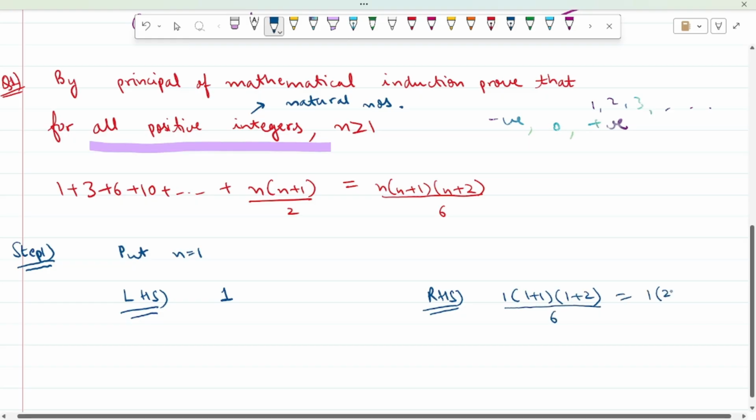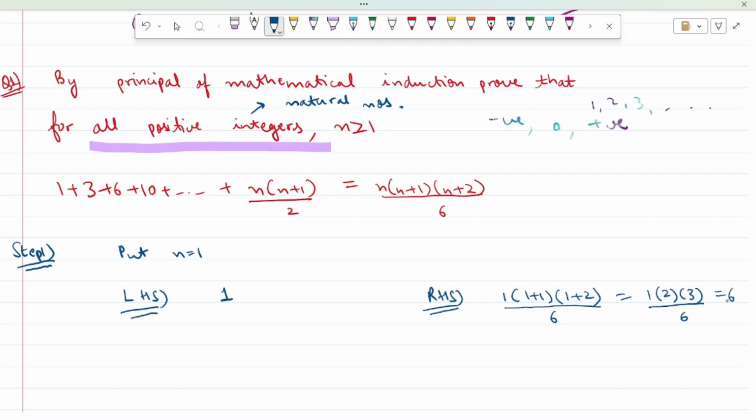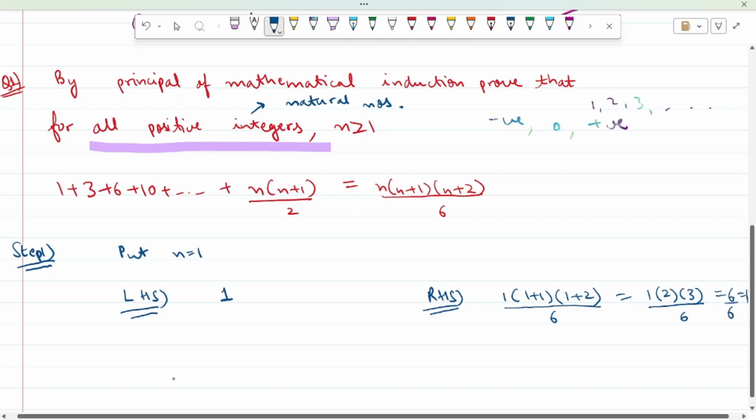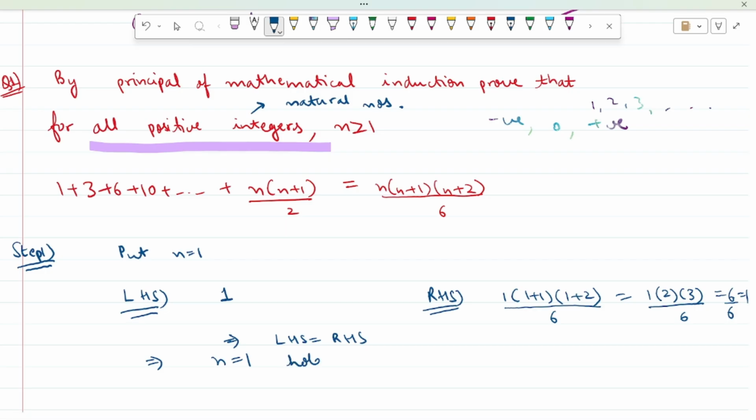That's basically 1 times 2 times 3 over 6, and that's 6 over 6. That's 1. So LHS is equal to RHS. So our base case is true, n is equal to 1 holds.